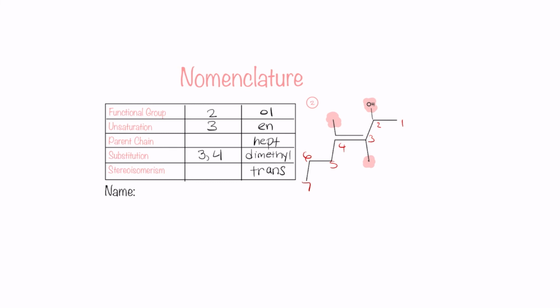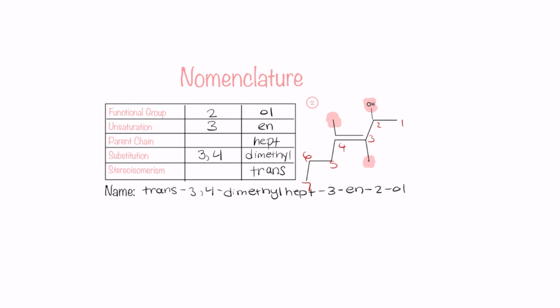So now we can go ahead and put the name together. So remember we said it's prefix number, prefix number, parent chain, unsaturation, suffix. And if there's no number there, you can ignore it. So we're going to go ahead and write trans-3,4-dimethylhept-3-en-2-ol.